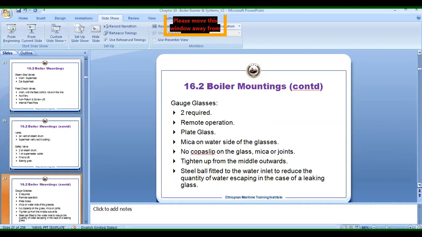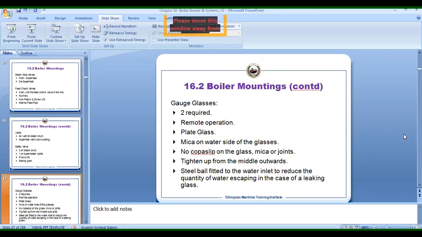Then you have gauge glasses. 2 gauge glasses are required as per the regulation. And also you can have remote operation of the gauge glass, basically a remote display in the ECR of your boiler water level. On higher pressure boilers, you have the plate glass type of gauge glass.